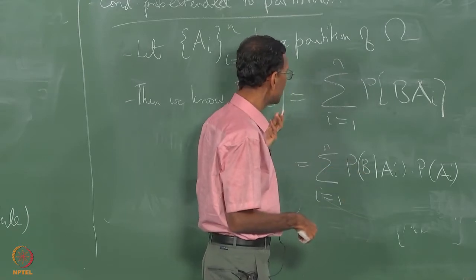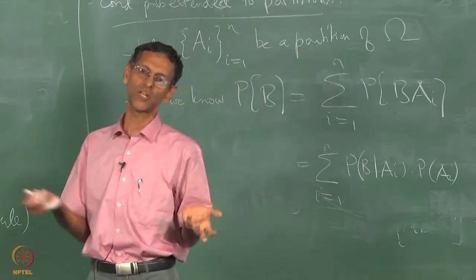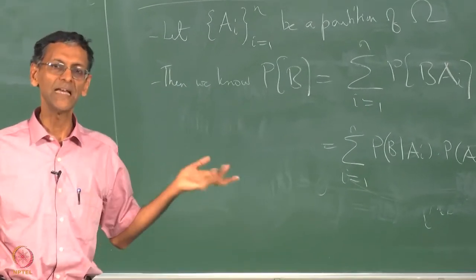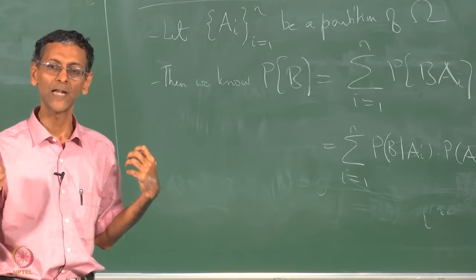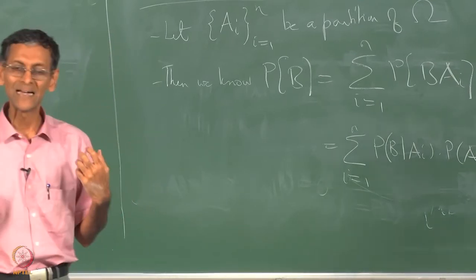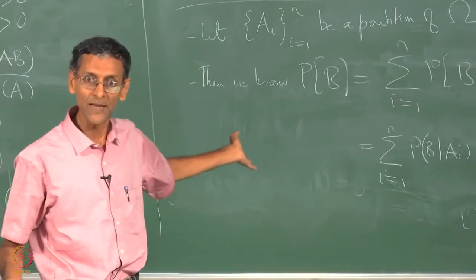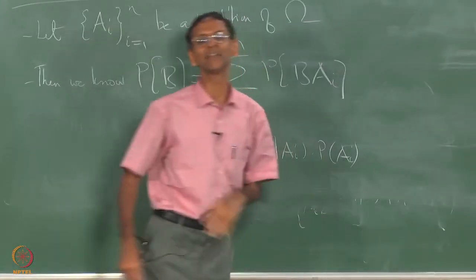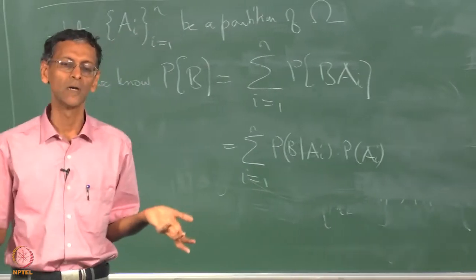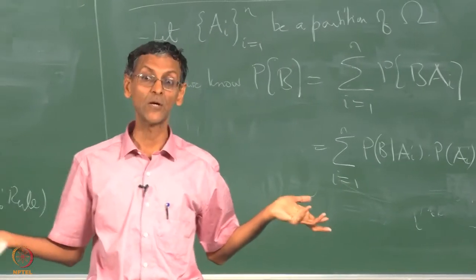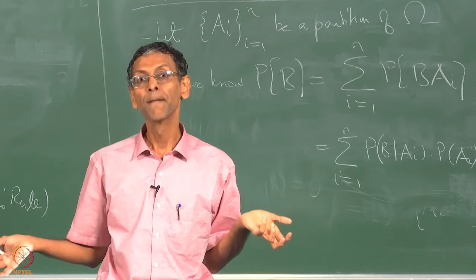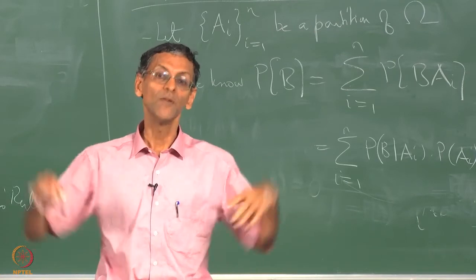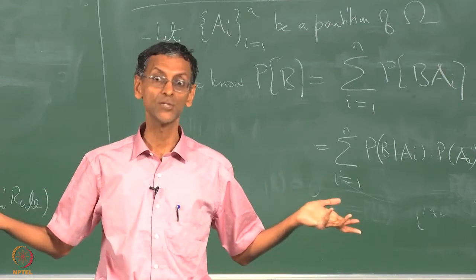For example, P(A_i given B) is clearly a posterior probability. You observe that B has occurred, and you want to calculate P(A_i given B), which you can do using Bayes rule. The P(A_i)s are called the prior probabilities, that is your assessment of the situation before making any observation, without any additional information.